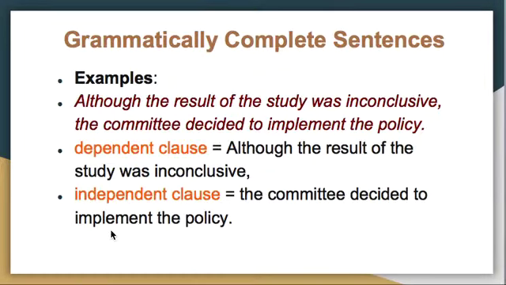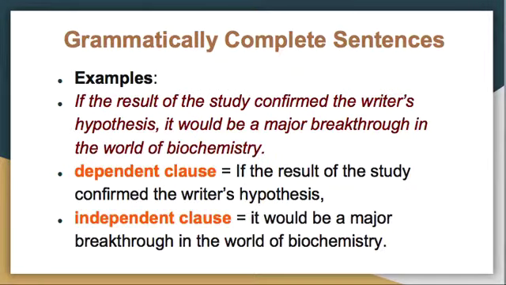Sometimes we have a sentence that consists of more than one clause, with a dependent clause and an independent clause. Another example: if the result of the study confirmed the writer's hypothesis, it would be a major breakthrough in the world of biochemistry.